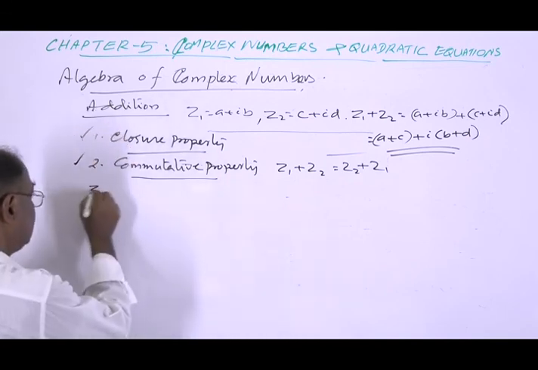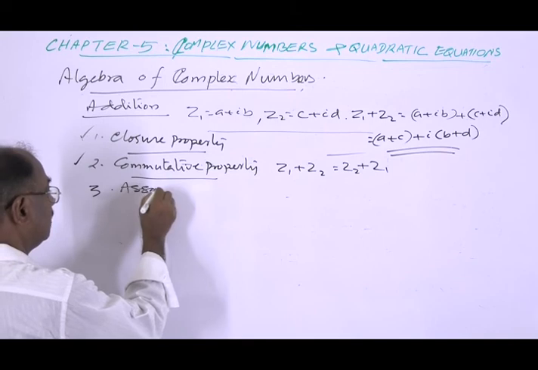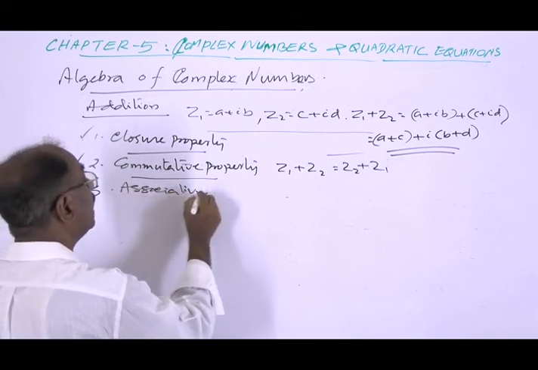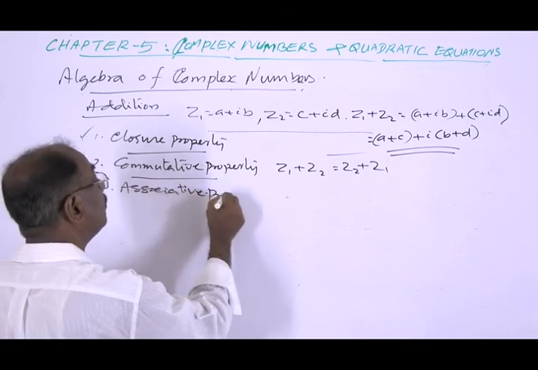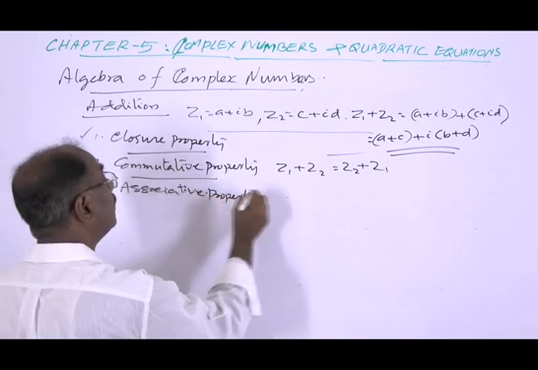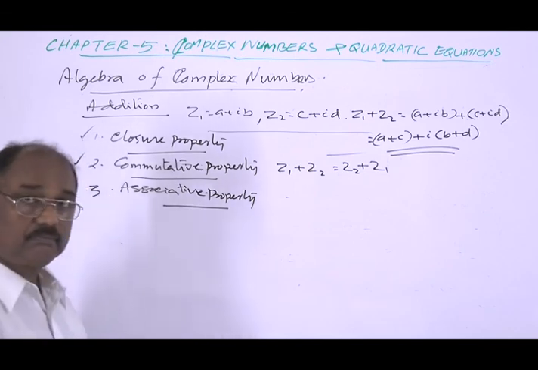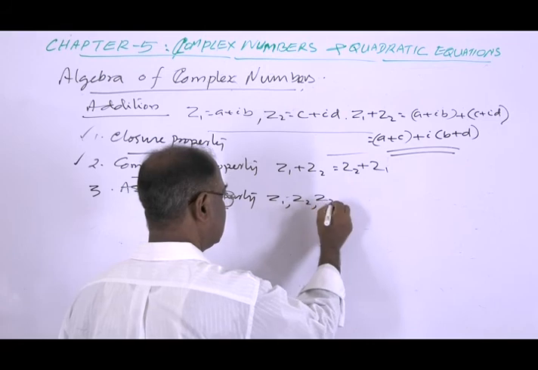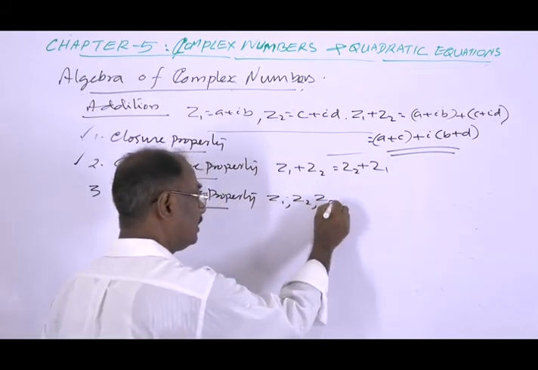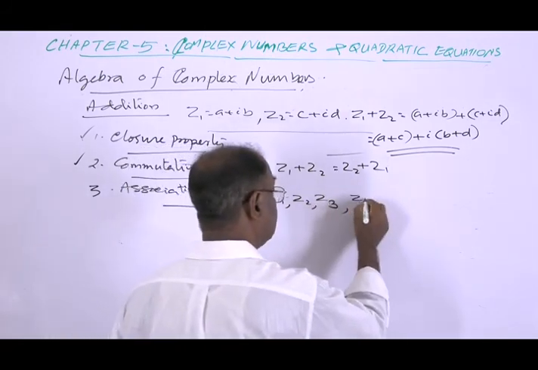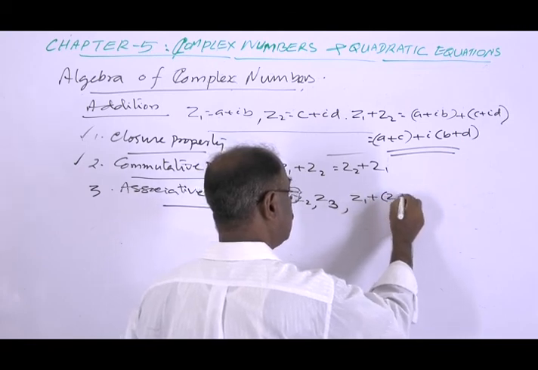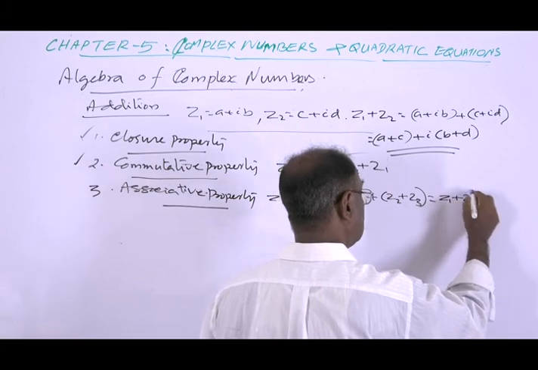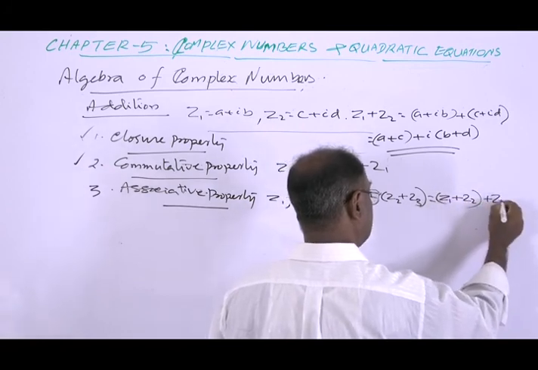And the third is the associative property. This property says, if Z1, Z2, Z3 are any three complex numbers, then Z1 plus Z2, plus Z3, is equal to Z1 plus Z2 plus Z3, grouped differently.